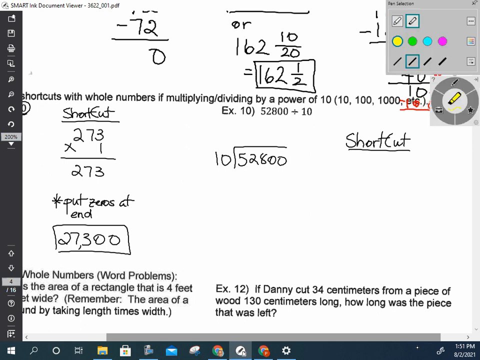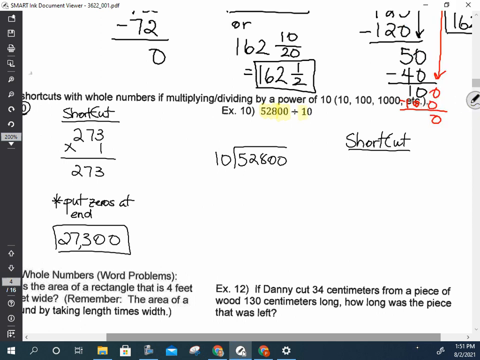So for the shortcut, we're going to take 52,800, take the whole number divided by 1. 52,800 divided by 1 gives you 52,800. So nothing changes.